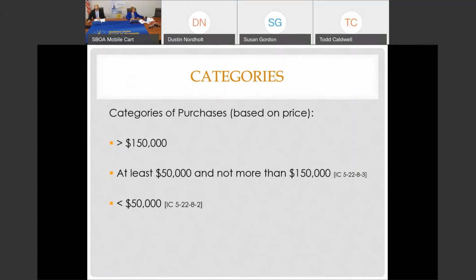Or those purchases that are less than $50,000, and those are covered in 5-22-8-2. Of course, there are always some exceptions to the rules, like municipally owned utilities are exempt from Indiana Code 5-22. And there are some other special purchasing methods that we'll talk about in a few minutes.